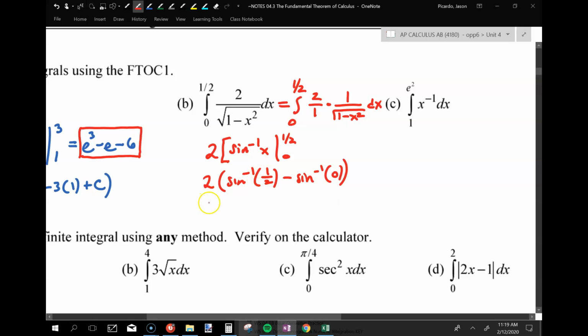So we're going to write pi over 6. And then sine of what is 0? Sine of 0 is 0. And so what do I get? I get 2 pi over 6, or pi over 3.